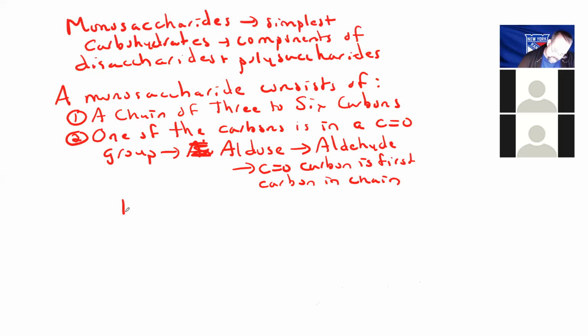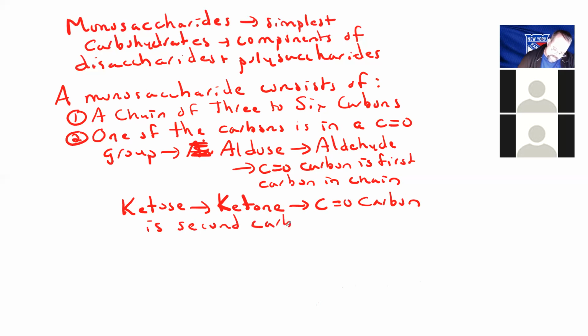The other form for the C double bond O group gives rise to what is known as a ketose. When we hear the term ketose, we should be thinking of ketone. And specifically what we find here for the monosaccharides is that the C double bond O carbon is the second carbon in the chain.